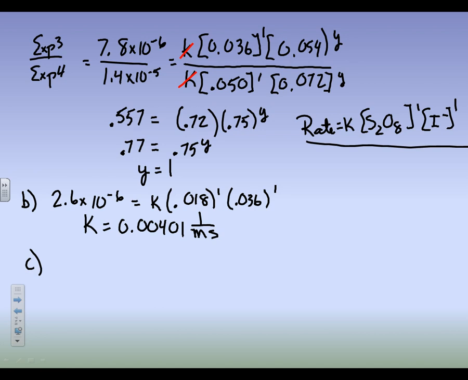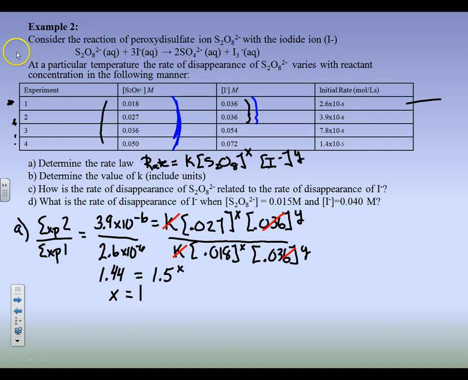Alright, let us see. How is the rate of disappearance of S2O8 related to the rate of disappearance of I3? If you look at the stoichiometry of our particular reaction, the answer should pop out at you. What's the relationship between the S2O8 and the I? That's right. There are 3 I's for every one S2O8.